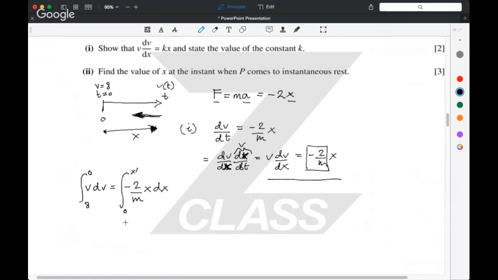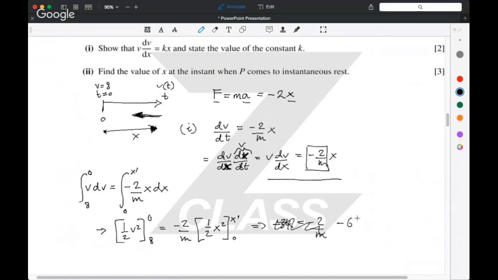So x prime. So we have 1/2 v squared between 8 and 0 is equal to minus 2 over m times 1/2 x squared between x prime and 0. So we have that minus 32, or whatever.